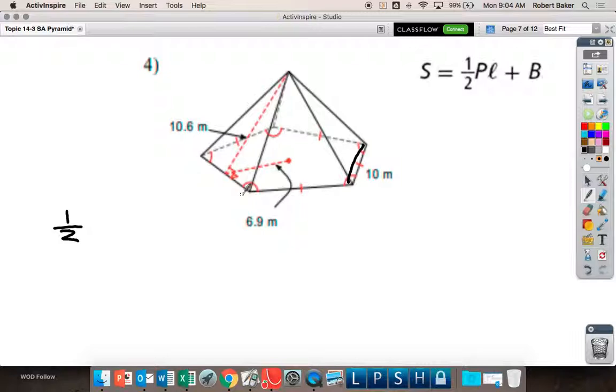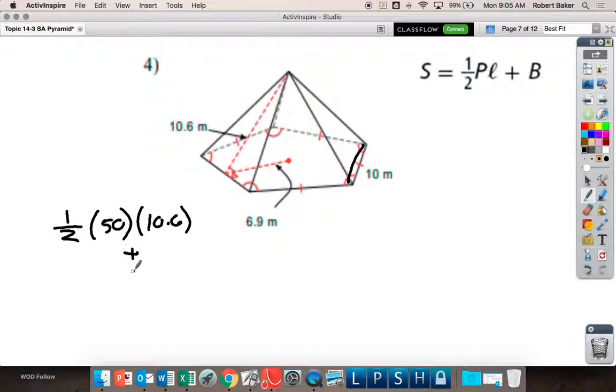We have 5 sides that are 10 units long. So the perimeter of the base is 50. And then the slanted height is the same on all 5 faces, 10.6. And we have to add to that the area of the base.